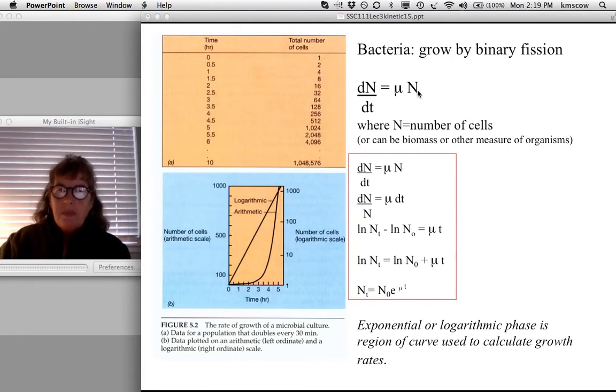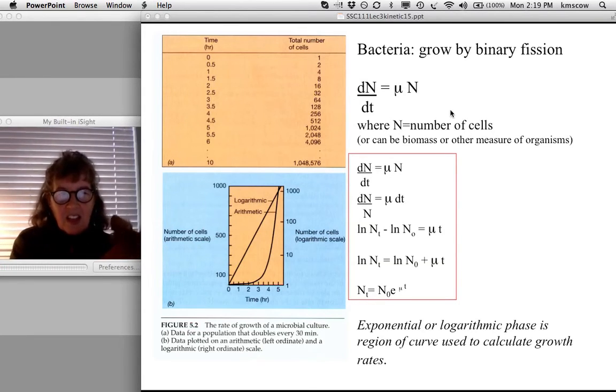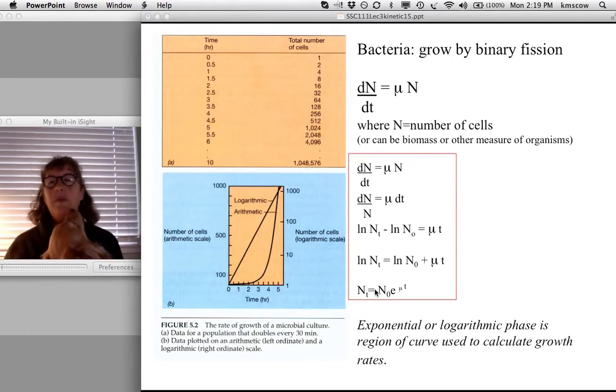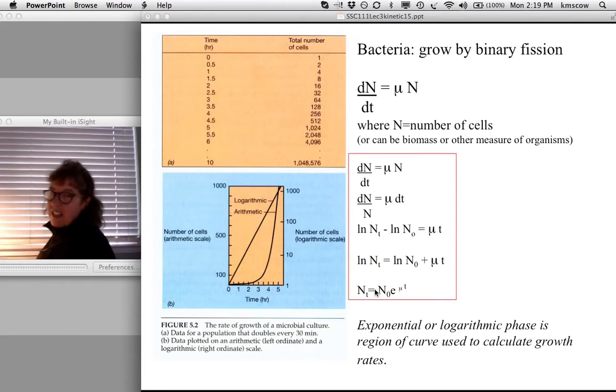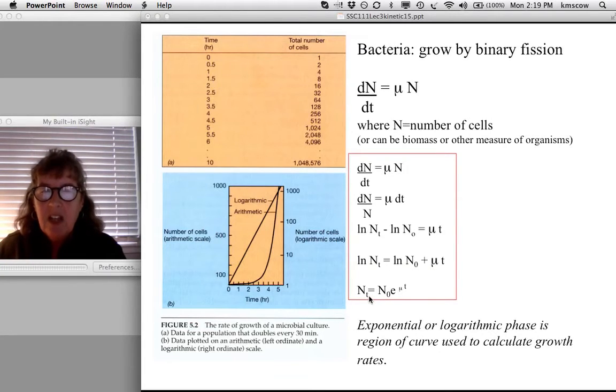And from that equation, you can go through the same steps that we did with first order kinetics and come up with this equation that gives you an estimate of the number of cells at a particular time: N equals the initial population density times e to the mu, that growth rate constant, times t, whatever the time is at that point.